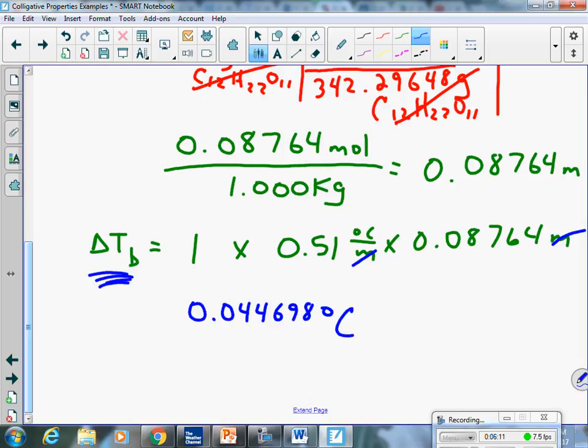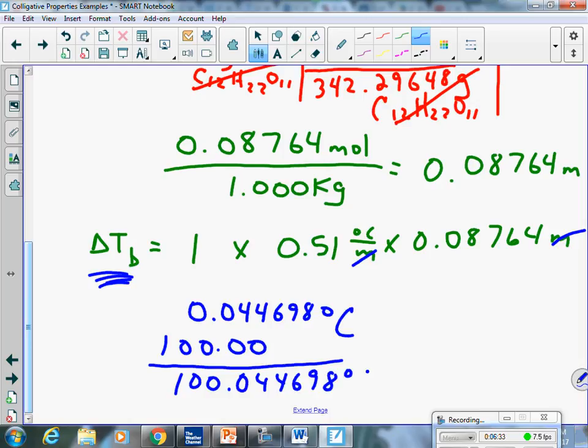I need to find the original boiling point. Well, for water, it's really easy because water boils at 100 degrees Celsius. So if I would add that together, I would have my new boiling point of 100.044698 degrees Celsius.